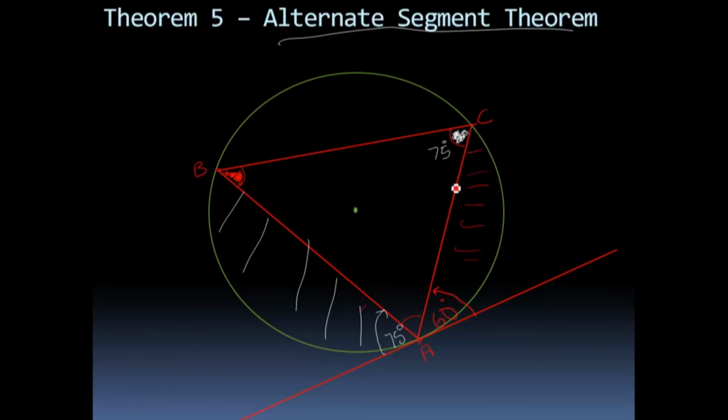So if this is 60 degrees, the angle between the tangent and the chord is equal to the angle in the major segment. So this actually is 60 degrees. Give it some thought.